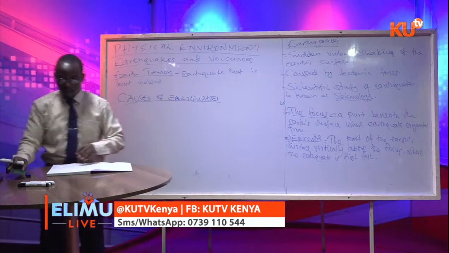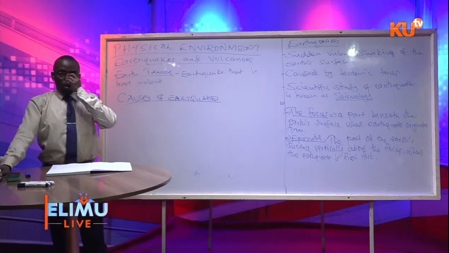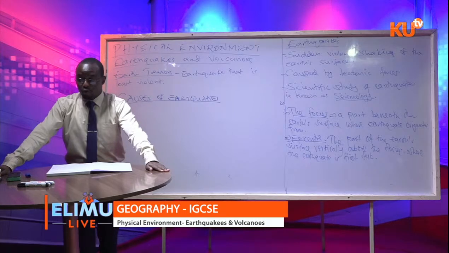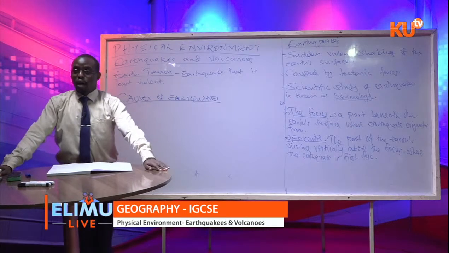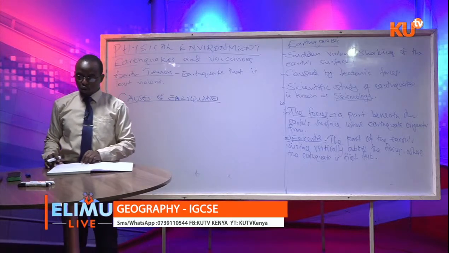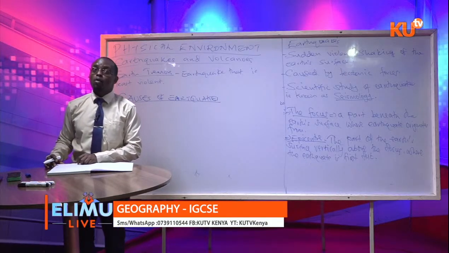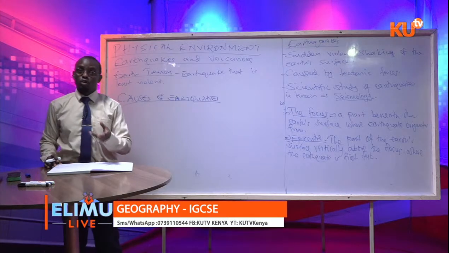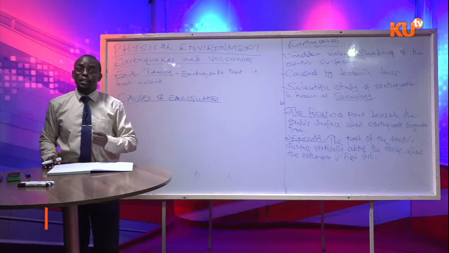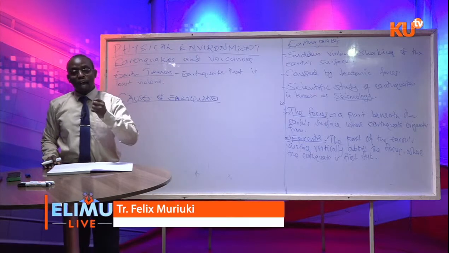Now, the earthquakes are caused by both natural phenomena and human activity. Therefore, the most important thing to look at here is, when a population or a group of people understand that they are in an area that is prone to earthquakes, what are the actions to take?